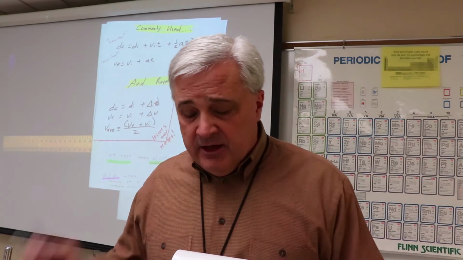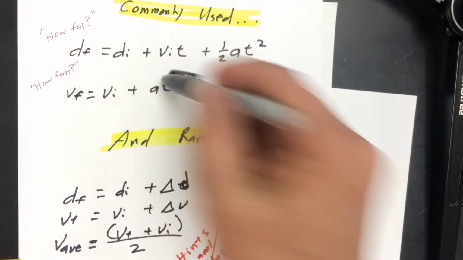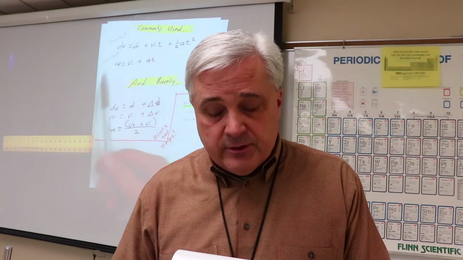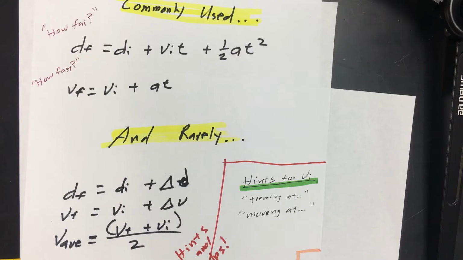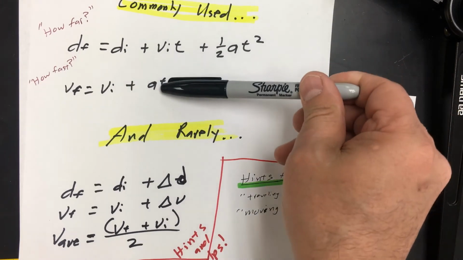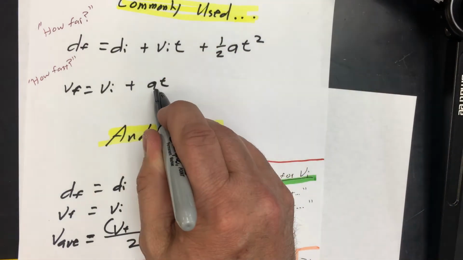I want to begin this video by repeating something I said in another video. These are the two equations that we're going to use most often in an introductory physics class. We're going to be solving for distance, or we're going to be solving for final velocity. A fine point is that the velocity equation does not have any distance variables in it.